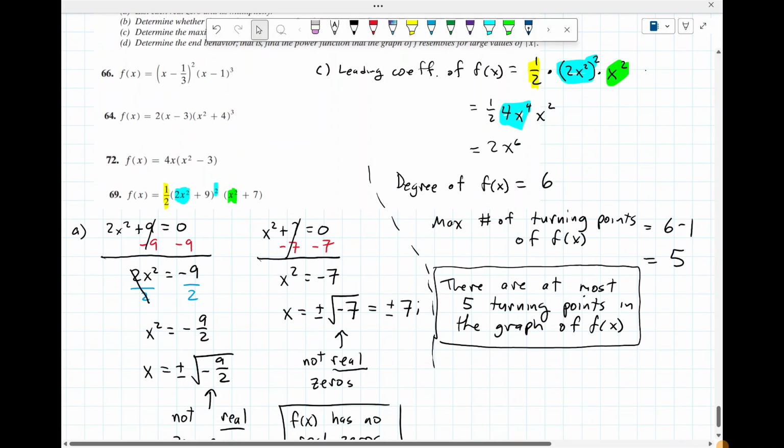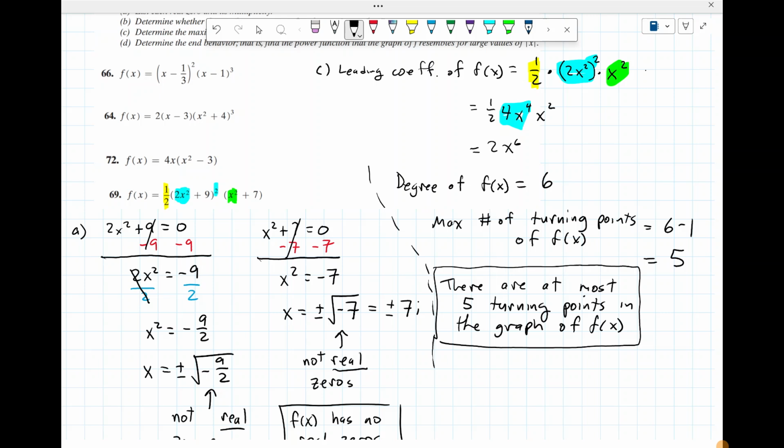Part D, we're going to figure out what the end behavior is. In other words, as x goes to negative infinity and x goes to positive infinity, where does f of x go? Does it go to positive infinity or negative infinity, on the left and on the right?